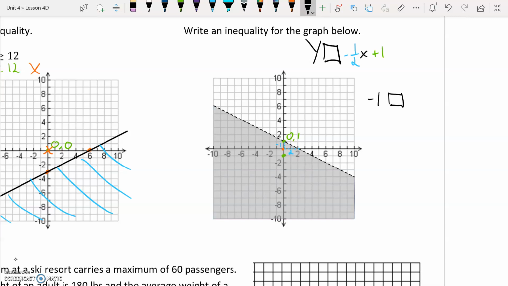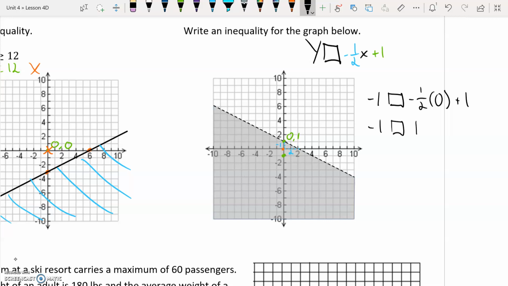Again, we don't know what symbol goes there. And x is 0 at that point. So I've got -1/2 times 0 plus 1. So if I simplify this, I get -1, and then -1/2 times 0 is 0, plus 1. So I end up with -1 on the left, +1 on the right.